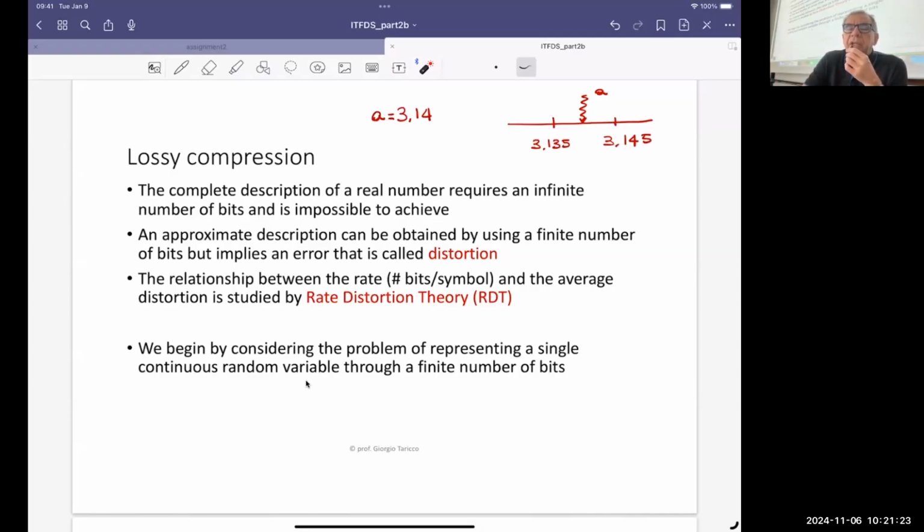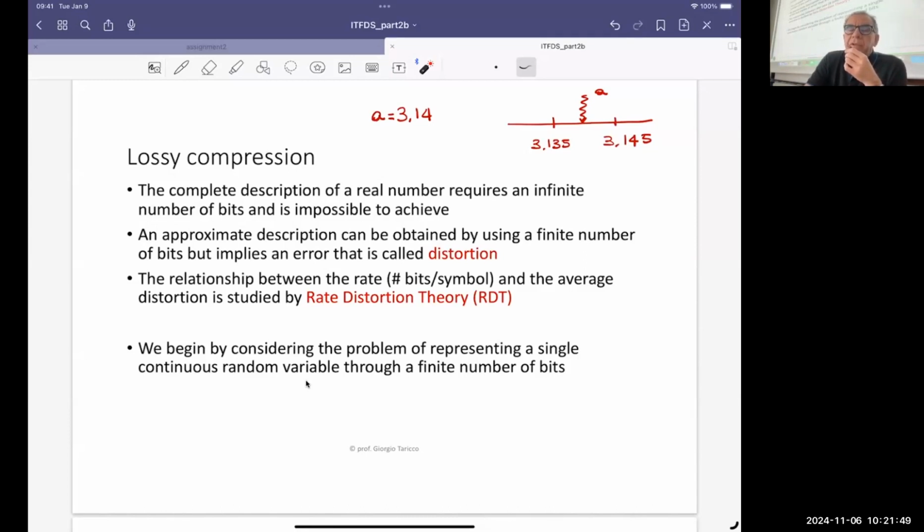And there is a relationship between the number of bits that we are using to represent a real number that is also a random variable, and the distortion of this real number. And this relationship is studied by the rate distortion theory.